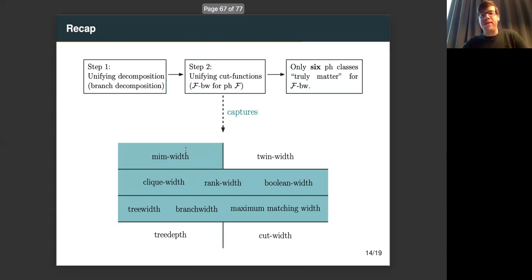Then we took it one step further and saw that actually only 6 partner hereditary graph classes truly matter if you consider width measures in this asymptotic context. So if you don't care about the precise value, you just care if a width measure is bounded or not.